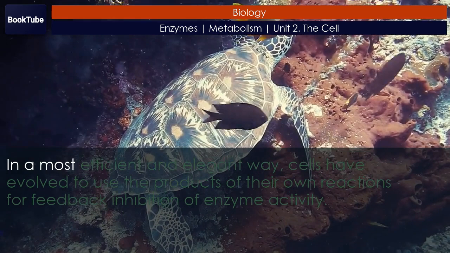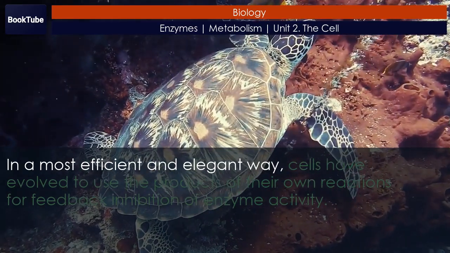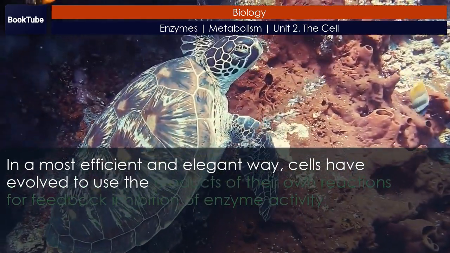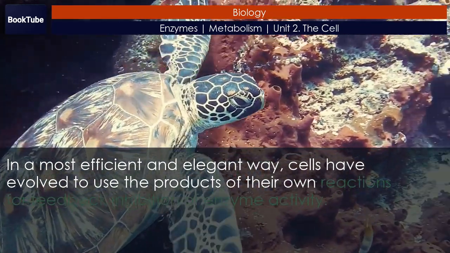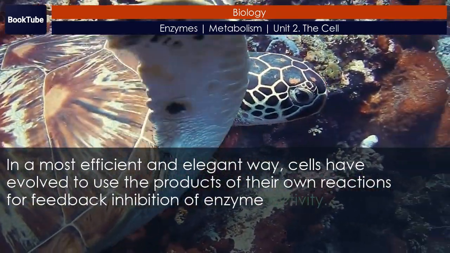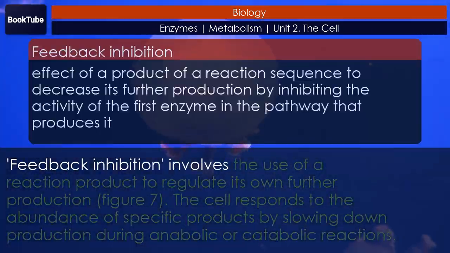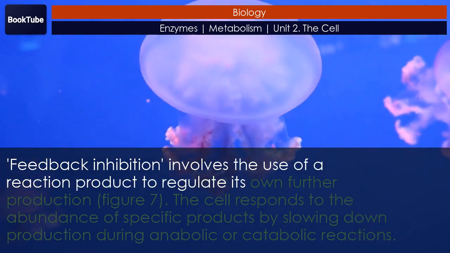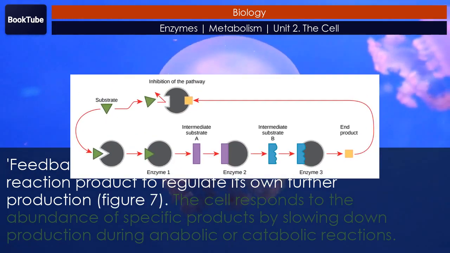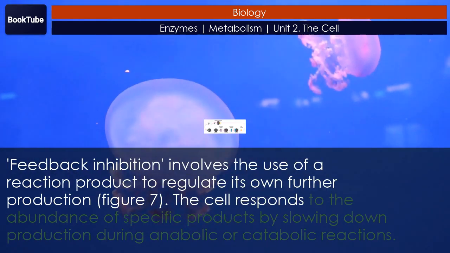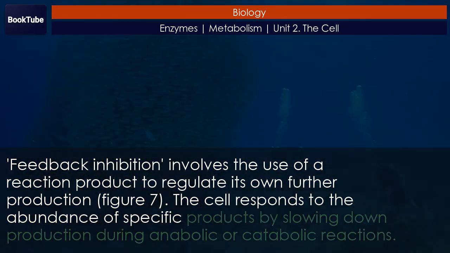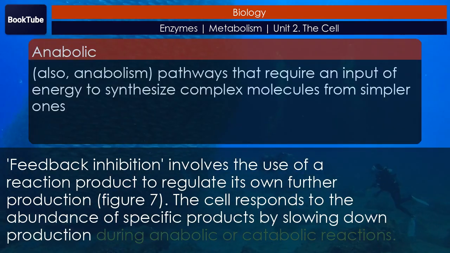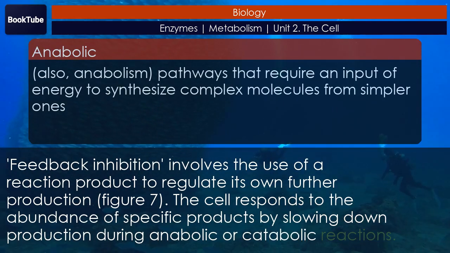In a most efficient and elegant way, cells have evolved to use the products of their own reactions for feedback inhibition of enzyme activity. Feedback inhibition involves the use of a reaction product to regulate its own further production. Figure 7. The cell responds to the abundance of specific products by slowing down production during anabolic or catabolic reactions.